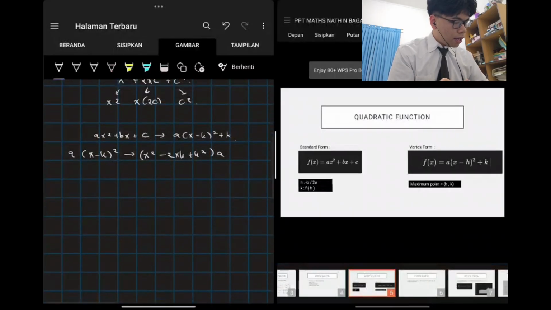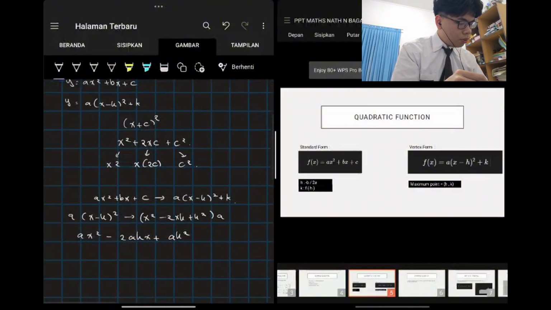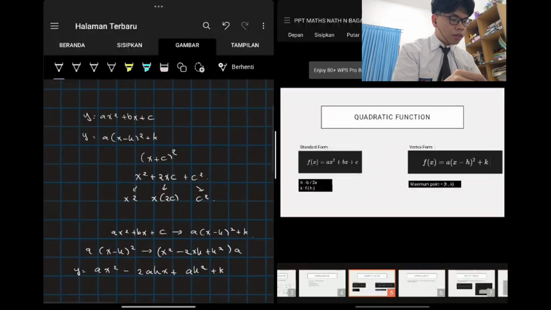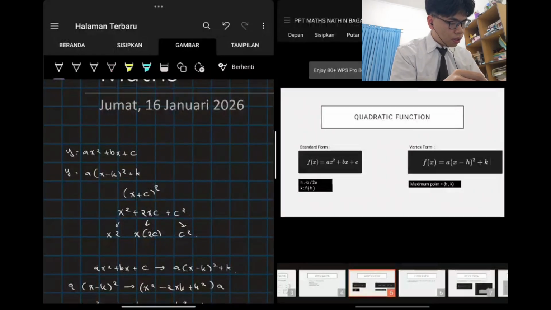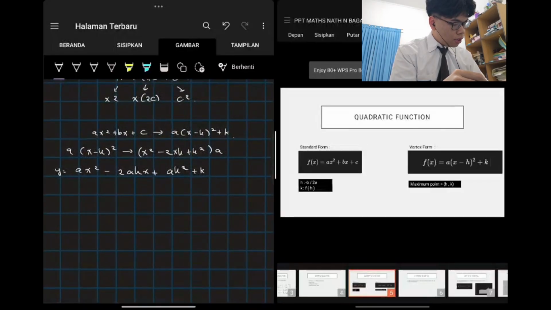We get ax squared minus 2ahx plus ah squared, and then we add k. We got a form similar to the first one, y equals ax squared plus bx plus c.